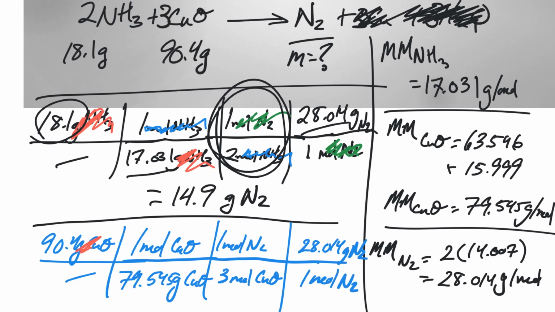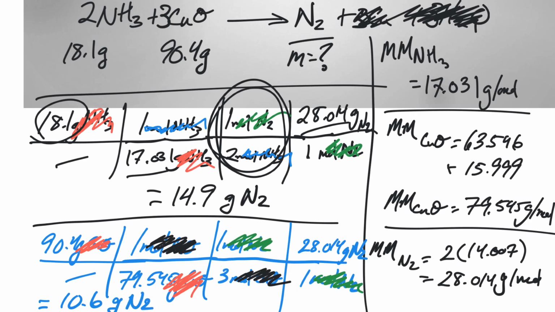All right, so grams of copper(II) oxide cancel out. Moles of copper(II) oxide cancel out. And moles of nitrogen cancel out, leaving us with a mass of 10.6 grams of nitrogen. So what we need to do is compare these values here, and you just pick the smaller one. The mass of nitrogen formed is 10.6 grams.